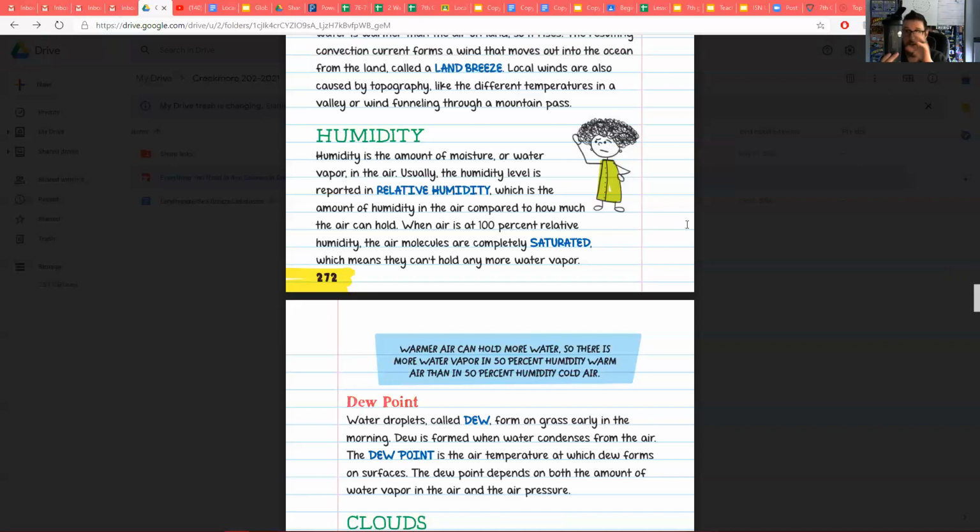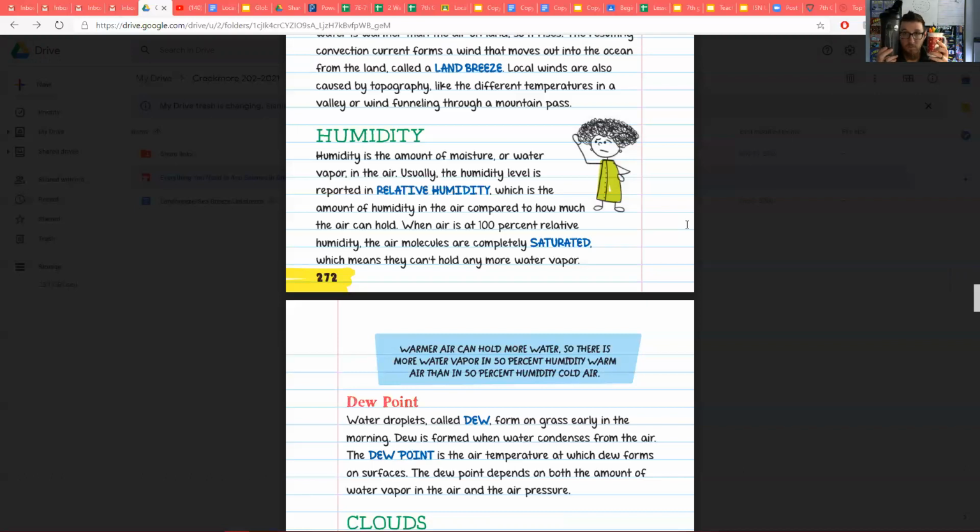It's hot, can hold a lot of water inside, okay? But then I have this little container, much smaller, right? This is, let's say this is air in Michigan, all right?